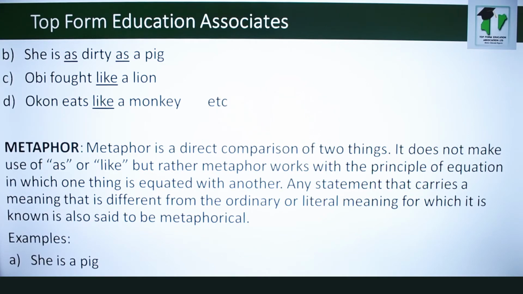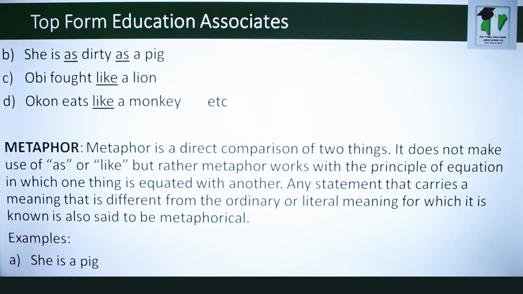Any statement that carries a meaning that is different from the ordinary or literal meaning for which it is known is also said to be metaphorical. It's also said to be what? Metaphorical.